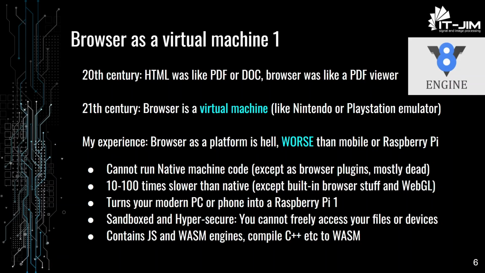Web browser nowadays is a virtual machine which can run JavaScript natively through the JS engine, such as V8 or others. In the 20th century, HTML was like PDF for docs, and the browser was like a PDF viewer. Not so anymore.